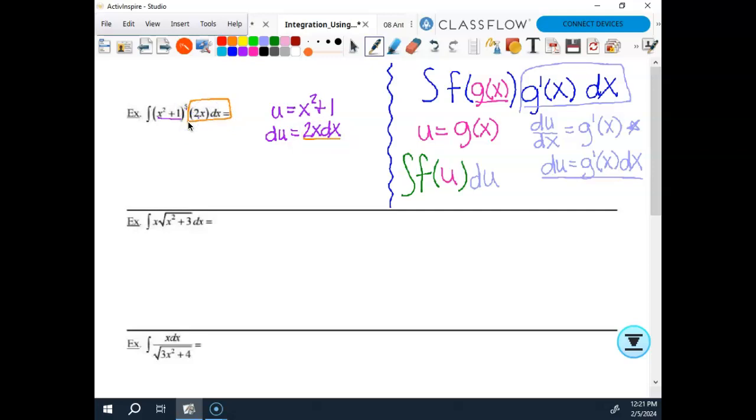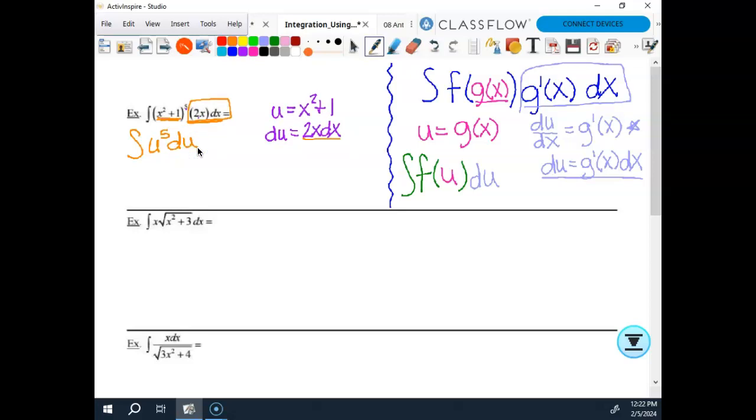You've got to make sure that you're going to be able to account for everything. This is going to be my u, right? And then this is going to be my du. And is that a 5? Because mine's a blur. Yes? Okay. So that means when I integrate it, instead of x squared plus 1 to the 5th, it's going to be u to the 5th. And instead of 2x dx, it's going to be du.